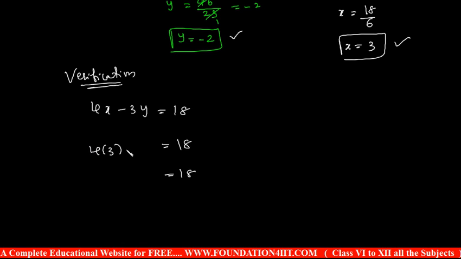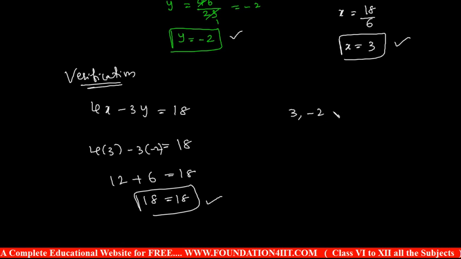So 4 into 3 minus 3 into the y value, which is minus 2. 4 3s are 12. Minus 3 into minus 2 is plus 6. Yes, 18 is equal to 18. It is verified. So the solution set is 3 comma minus 2. This is the solution which satisfies the given equations.